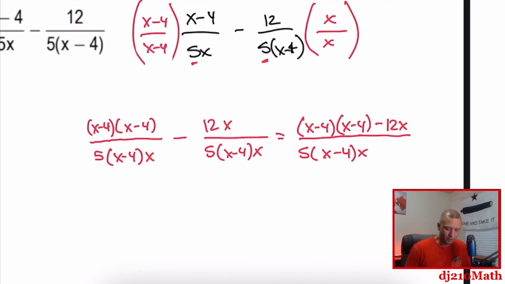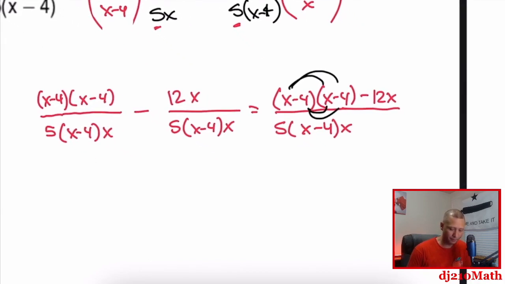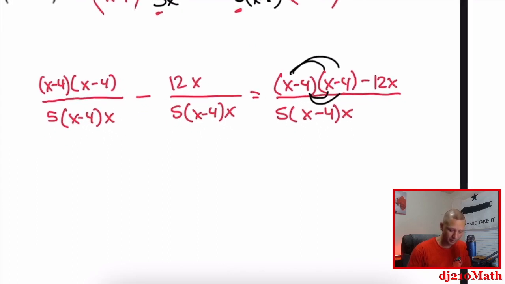So I'm going to have to expand out the top, meaning we're going to FOIL this out and then combine the like terms. So it's going to be x squared minus 4x plus 16 minus 12x.